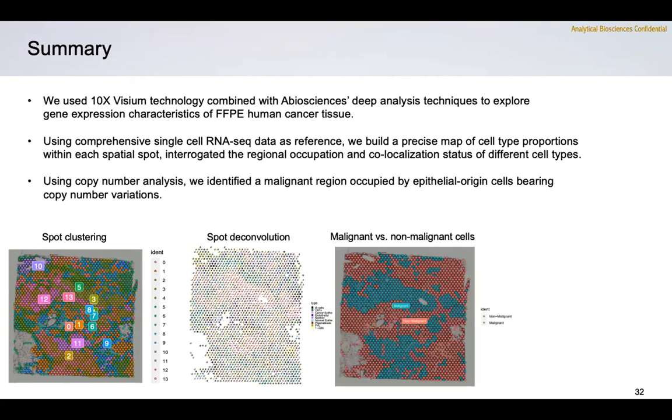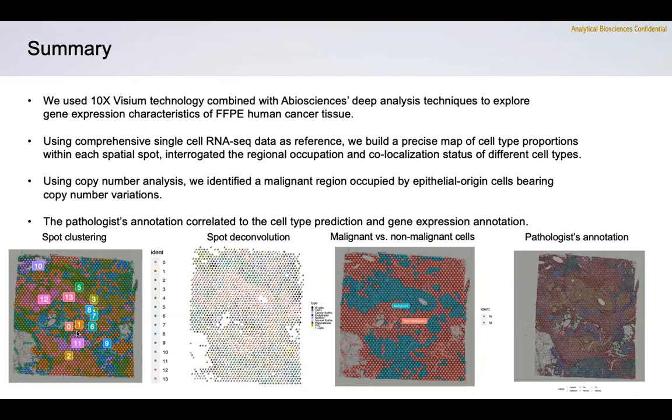By looking at copy number variation with inferred CNV analysis, we could identify the malignant cells versus non-malignant cells. And finally, in all cases, our pathologist annotation correlated well with our cell type prediction and gene expression annotation.